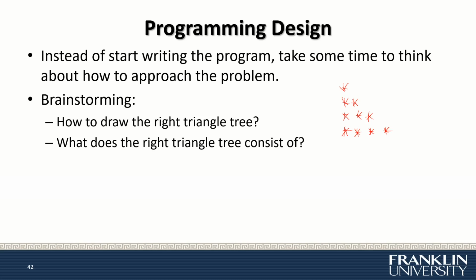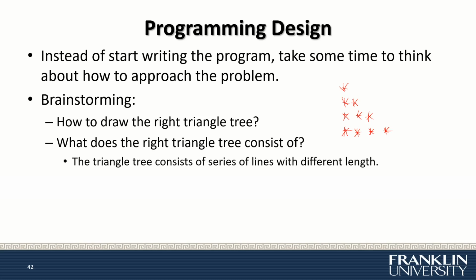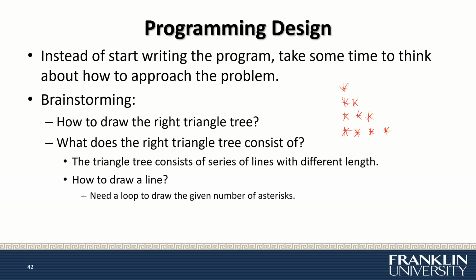Well, do you notice that? What does the right triangle consist of? It consists of a series of lines of different lengths, and each line is made of asterisks. So how do you draw a line? Well, you need a loop to draw a line. Why do I need a loop?